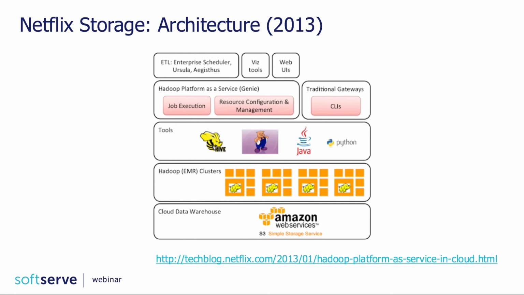If you take a look at the architecture of the Netflix solution from 2013, you will see that all data is stored in Amazon S3, and then you have some Hadoop layer, some tools like Pig, Hive, and so on at a higher level, but the data sits on Amazon S3, and all of these different users and different systems are getting data from the same unified storage, which allows them to plug in any new system here, and it will work perfectly.